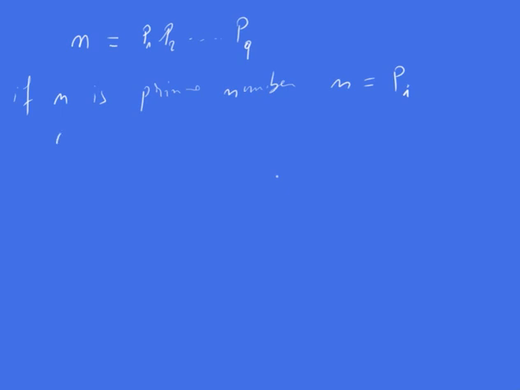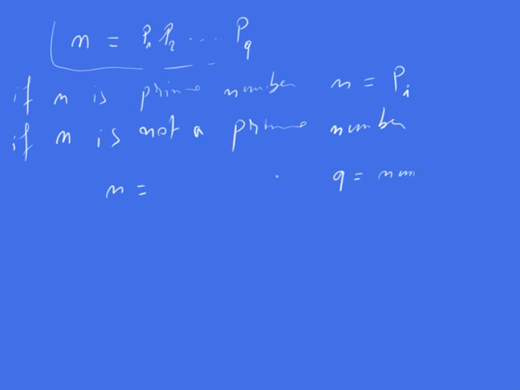But if n contains more than one number, if n is not a prime number, we can write n in this factorization. But q, the number of factors, is greater than or equal to 2, because if q equals 1, then n is a prime number.